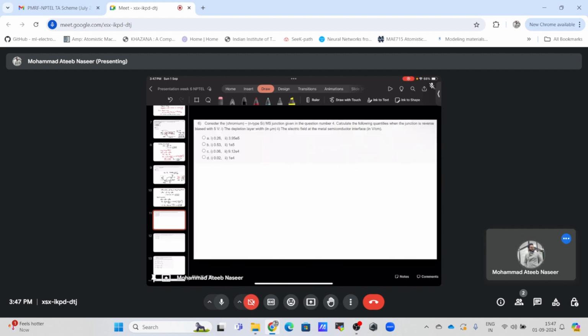Now moving to another problem, which says that we have to consider a chromium metal semiconductor contact with n-type semiconductor, the same as in question 4, and we have to calculate when the junction is reverse biased with 5 volts, what is the depletion layer width and what is the electric field at the interface.